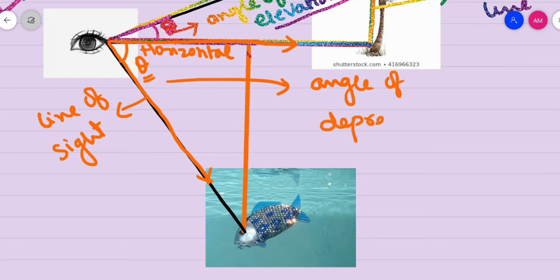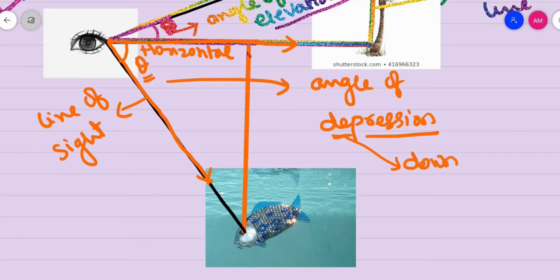Angle of depression. Children, please keep in mind, when you have angle of depression, your eye is at your upper level and the line of sight goes down from your eye. D for depression and D for down.